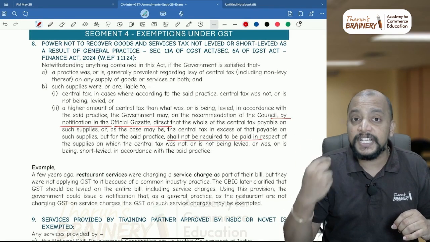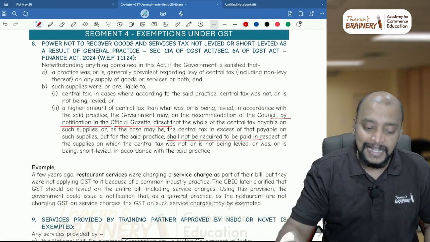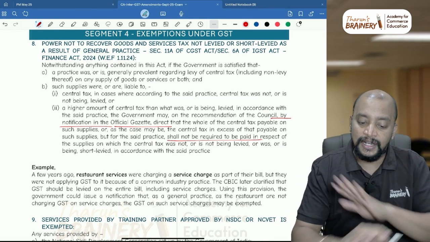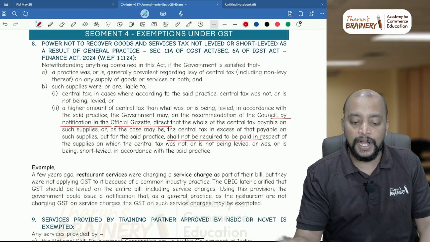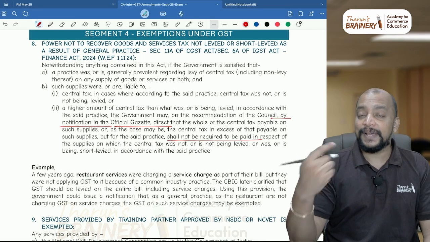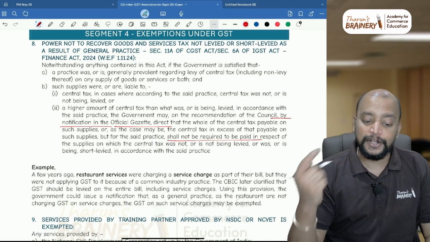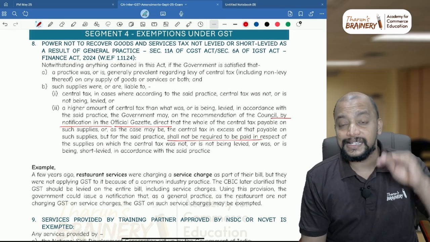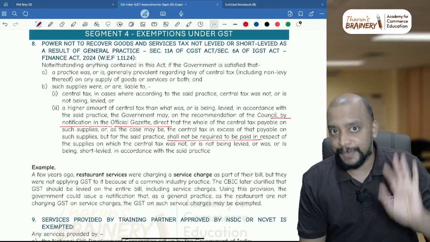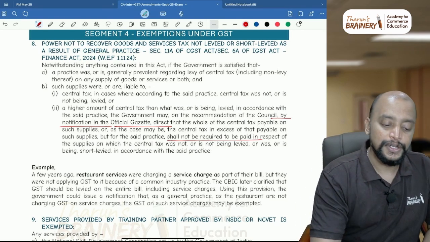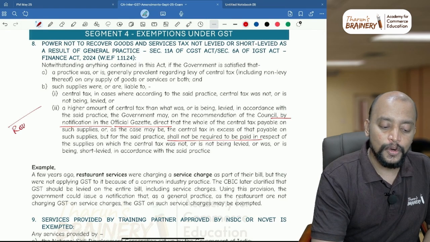So whether the government has power not to levy the taxes? Yes, by notification in the official gazette it shall make a notification that tax shall not be required to be paid in respect of the supplies on which the central tax was short levied. So no need to pay that. That's the rollback provision. You can remember it like a rollback provision.